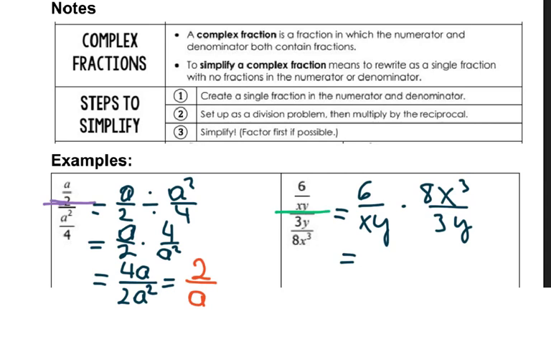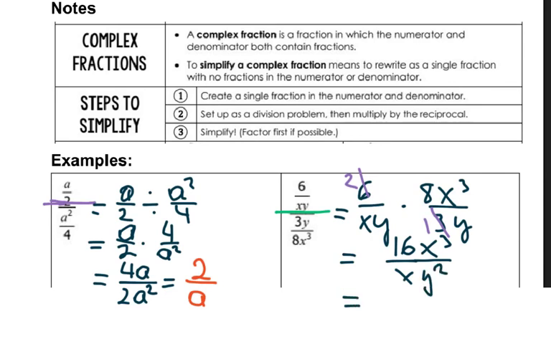It's completely up to your personal preference. I like to simplify before I multiply, so I'm going to simplify 6 and 3, so that's 2 and 1. And then I'm going to multiply everything else, which will give me 2 times 8 will be 16 x cubed over xy times 1y is going to be xy squared.